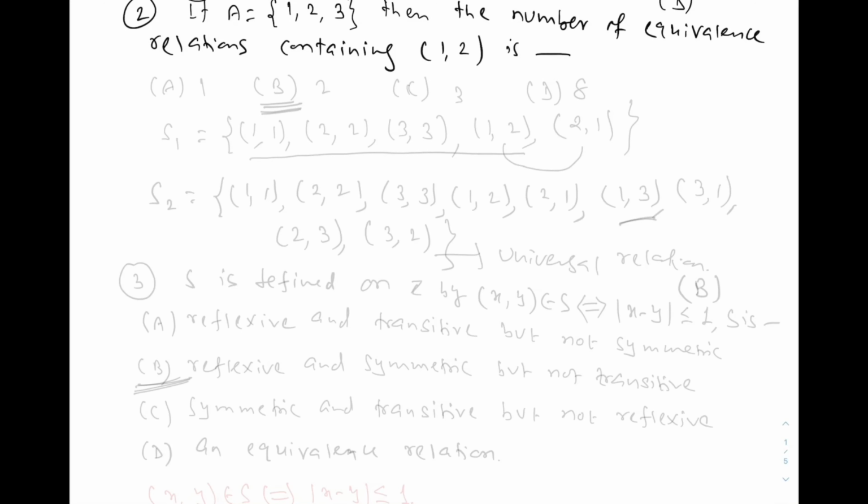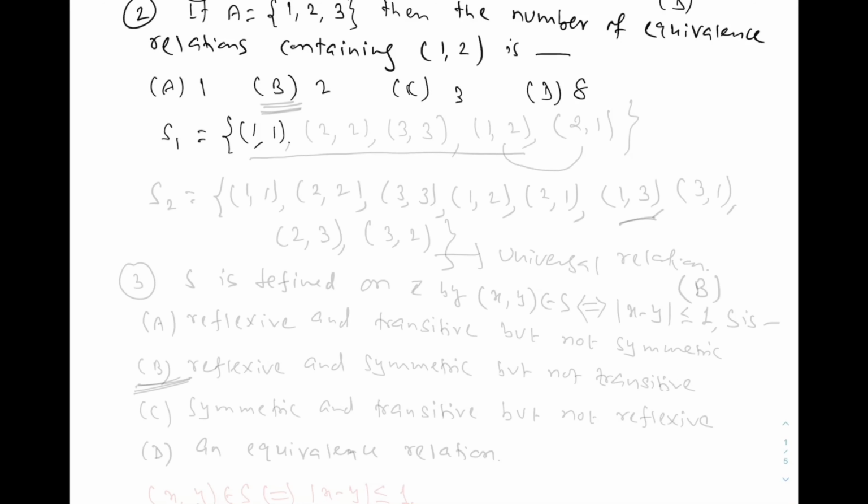So how many equivalence relations on the set A = {1, 2, 3} contain the element (1,2)? The options are 1, 2, 3, 8. So let us take one equivalence relation on the set {1, 2, 3} which contains (1,2).